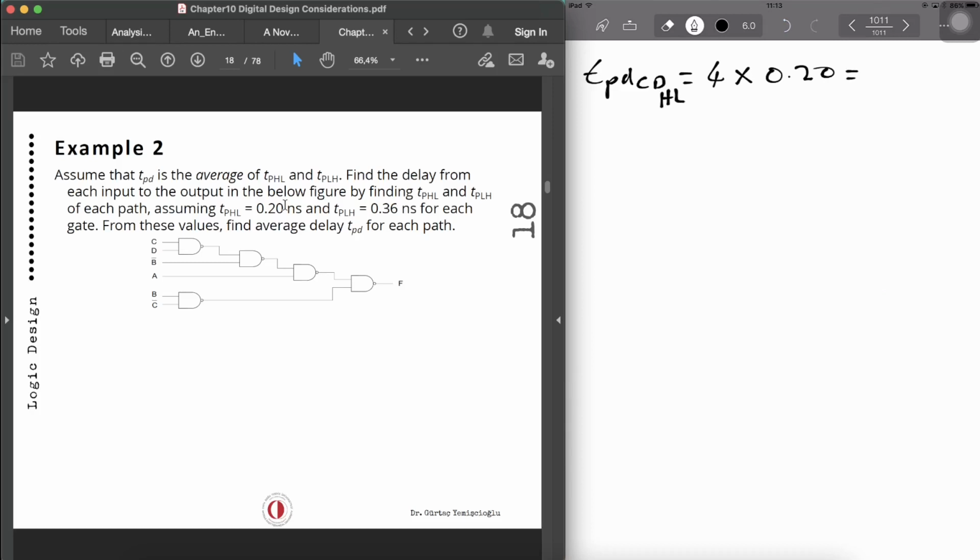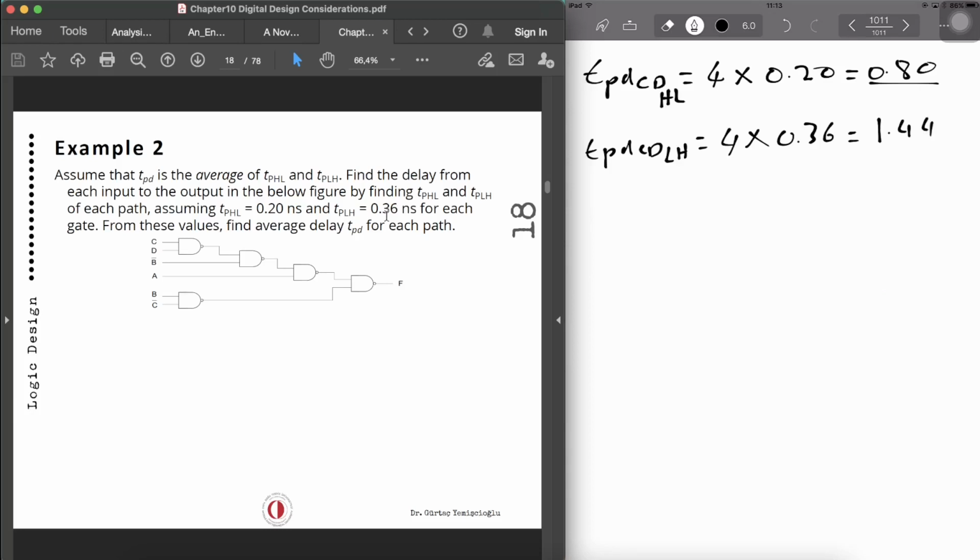So that's going to give us 0.80. This is the high to low transition in 4 stages. Then I can find out CD's low to high transition, which is again 4 stages, and that has to be 0.36. So 4 times 0.36 is going to give us 1.44.